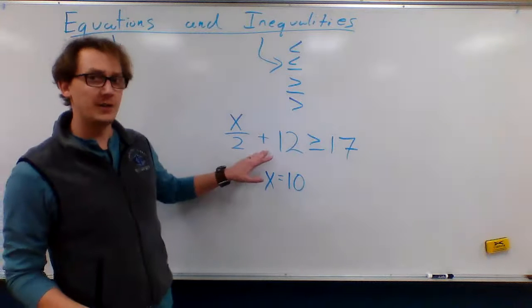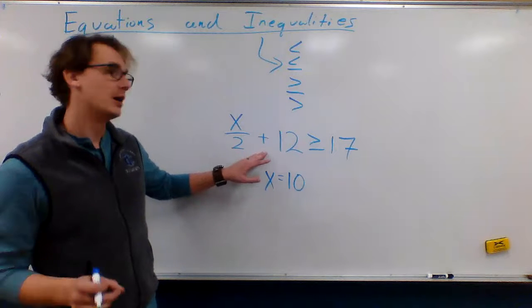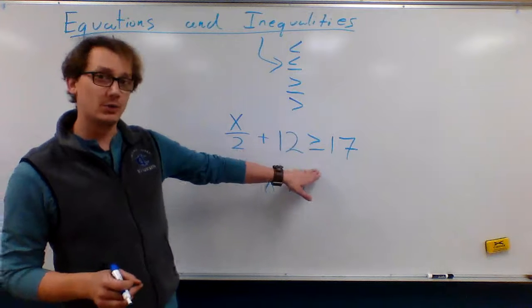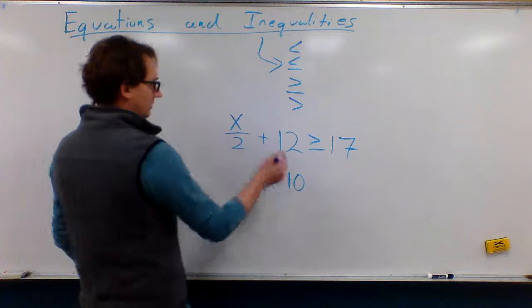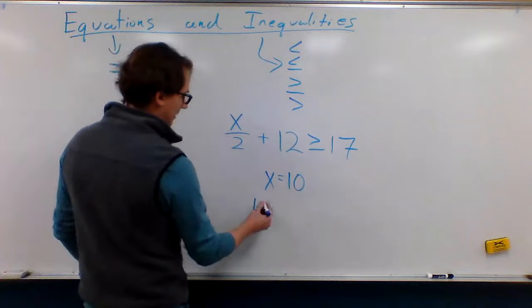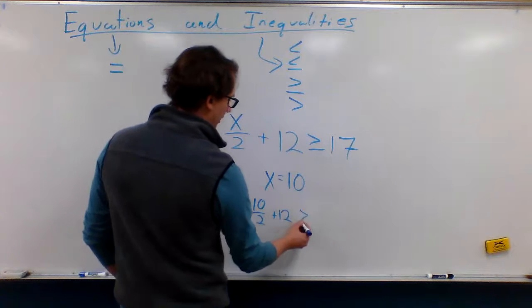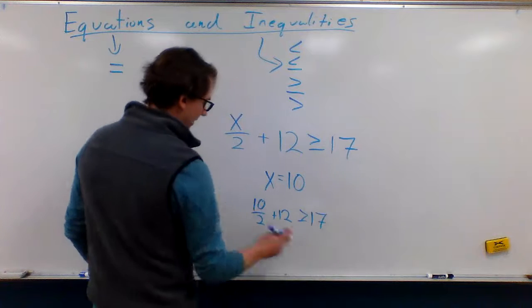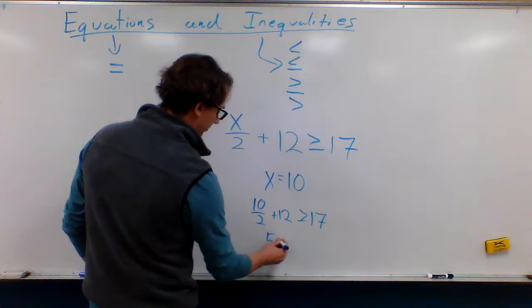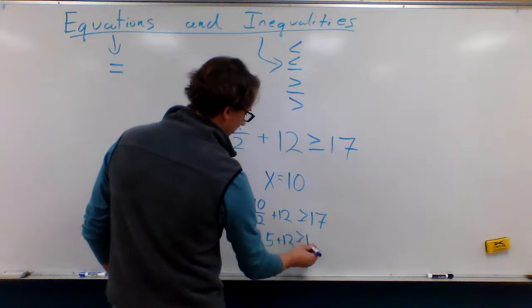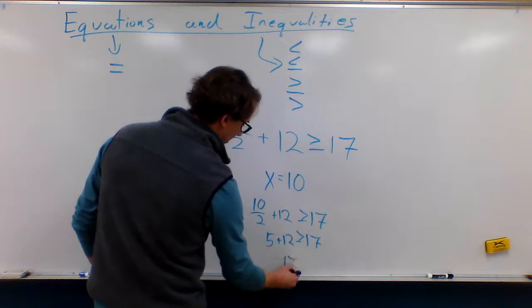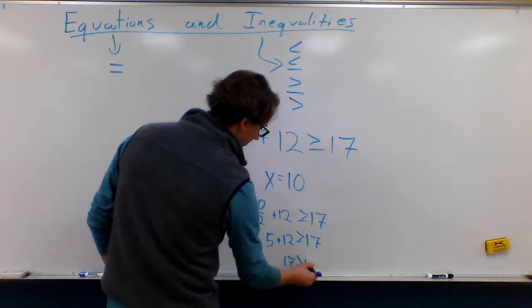So after we simplify, we need to find out if our final answer is greater than or equal to 17. So take this 10, plug it in. 10 divided by 2 plus 12 greater than or equal to 17. 10 divided by 2 is 5, plus 12 is 17. 17 is greater than or equal to 17.